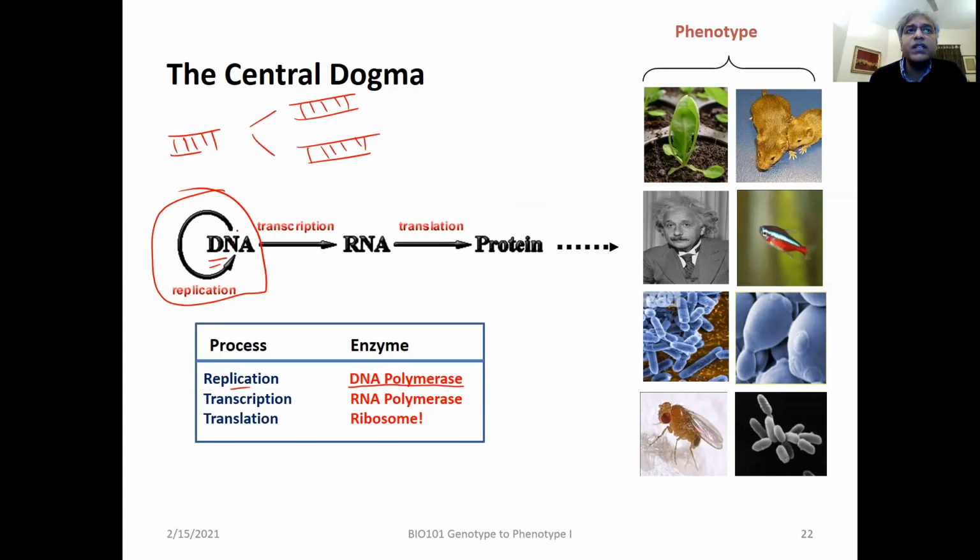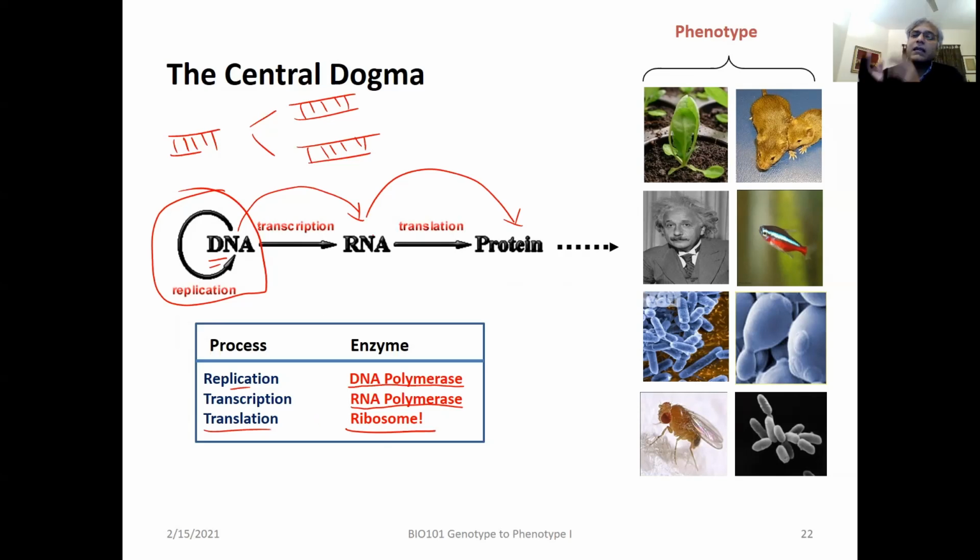The enzyme which decodes DNA into RNA is called RNA polymerase, and the protein machinery which decodes RNA and synthesizes protein is called ribosome, and the process is called translation.